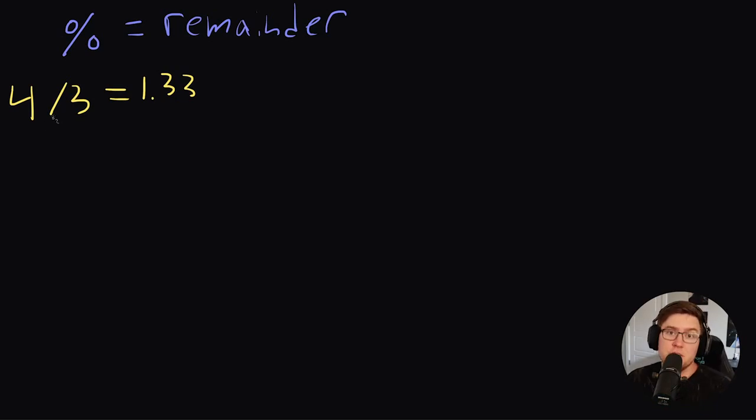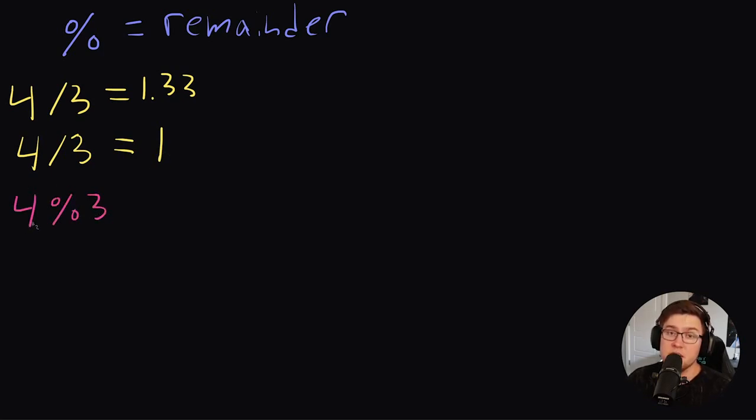If we're doing integer division, then we can't have a floating point result. So the result of 4 divided by 3 in integer division is actually just 1. It's essentially the number of times that 3 can be divided evenly into 4, and then we chop off the remainder.